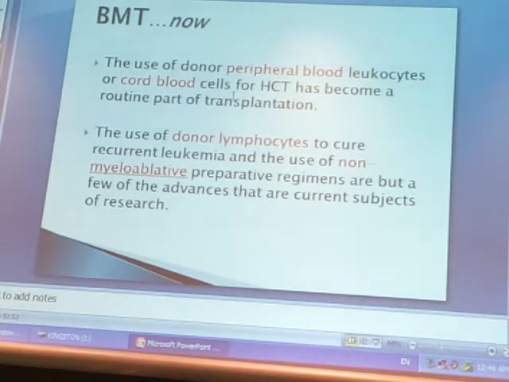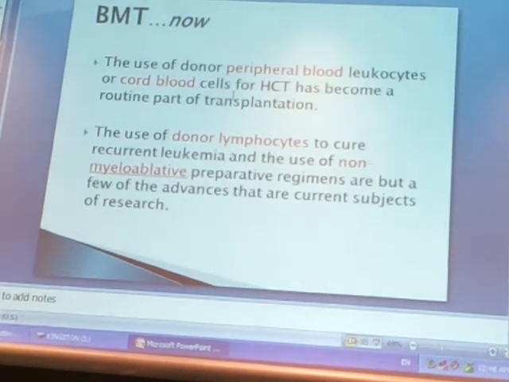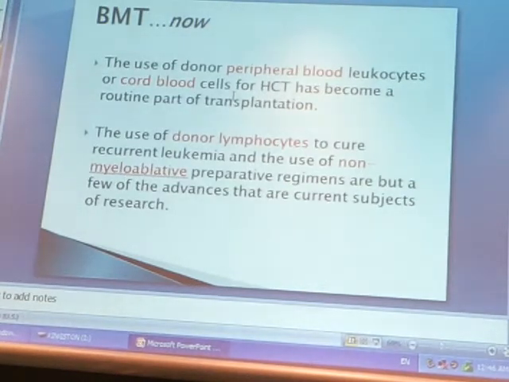It goes to the circulation, and it has specific characteristics that make it migrate to the bone marrow, and from there it starts replicating and producing new stem cells and differentiating into platelets, white blood cells, and red blood cells. This is simply the idea of transplant. So high dose of chemotherapy plus or minus radiotherapy, ablation of the bone marrow, and transfusing donor stem cells. This is the whole idea.